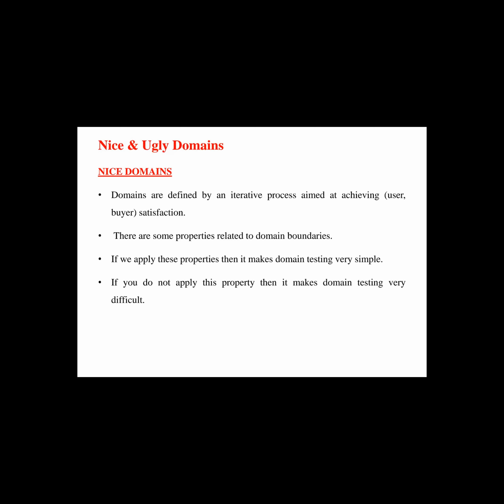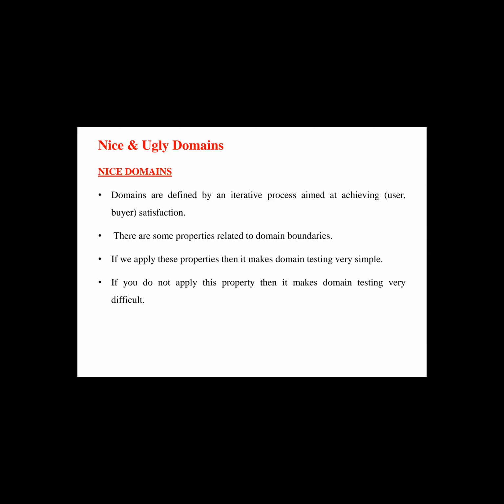It does not have any gaps or holes. If the domain does not have missing values, it is called a nice domain. Ugly, as the name says, means the domain has some missing values or holes, so the domain is not represented correctly. All of these come under ugly domain.